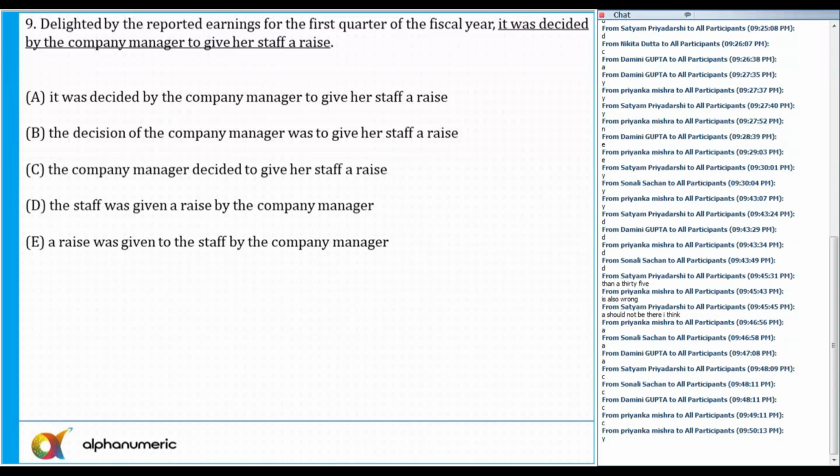So the first part of the sentence is a modifier. Immediately after the modifier, you have the word it. Now, when I read it, it seems to me that it is somebody who was delighted by the reported earnings for the first quarter of the fiscal year. Again, the problem is that of misplaced modifier.